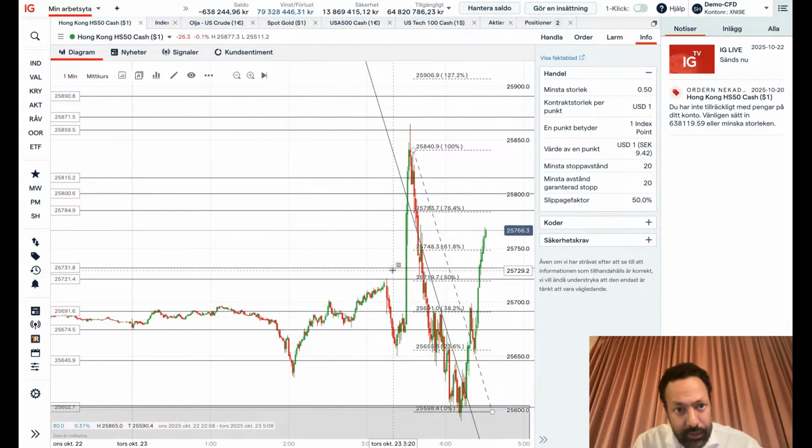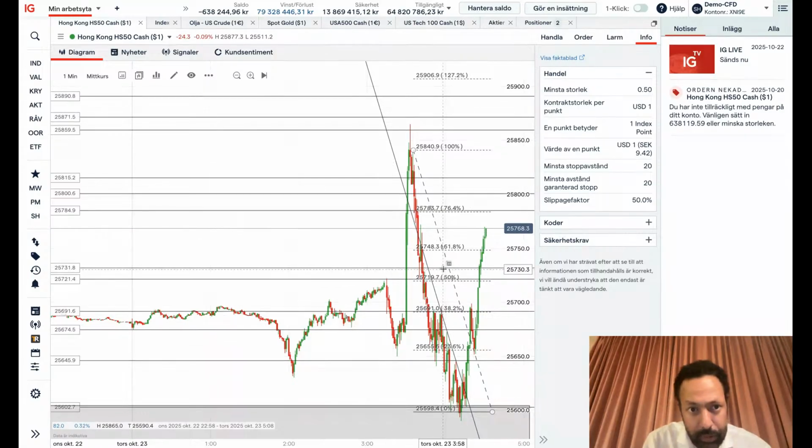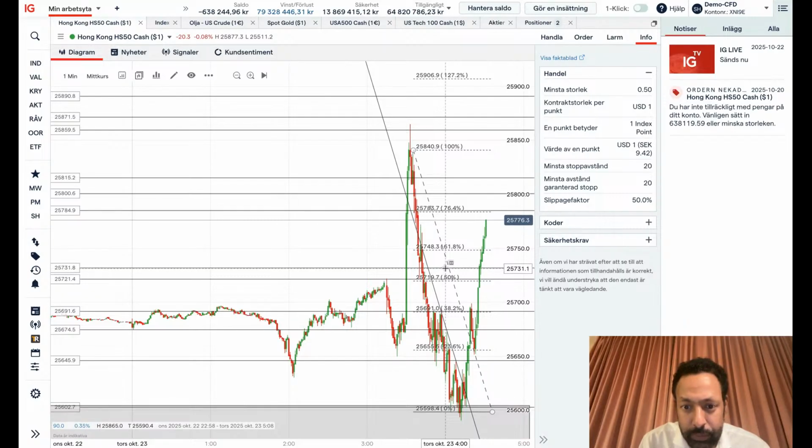Let's see here if it will break. Long from 09 then and try one tight stop. Yeah, good. In it to win it, as it's called. Strange.